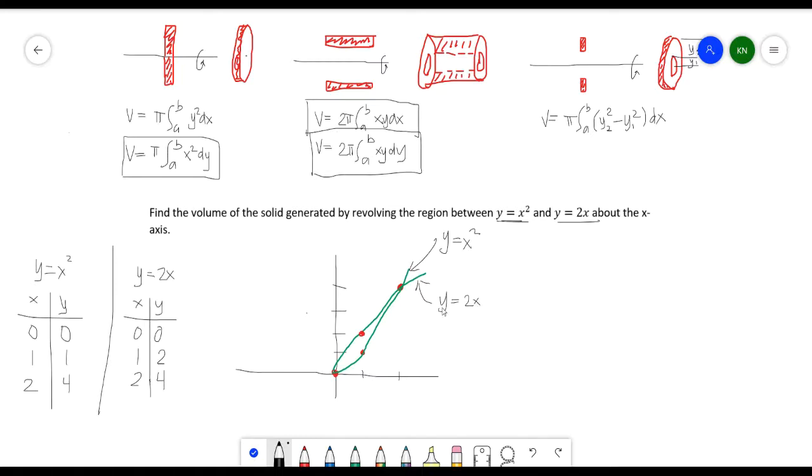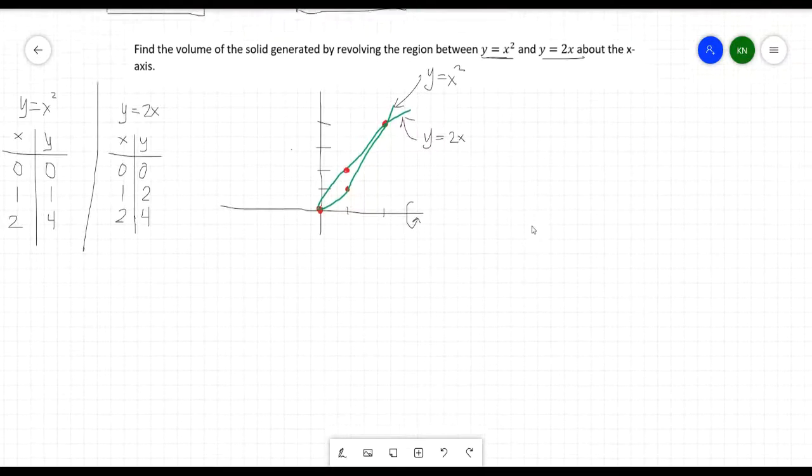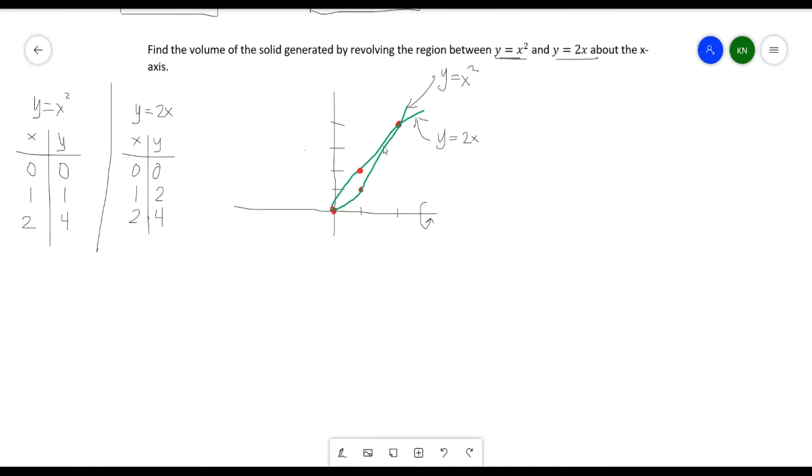Now again, from our problem, it is said that our solid will be revolving around the x-axis. So if you revolve this solid that it has generated, you'll have another one of this in this one.